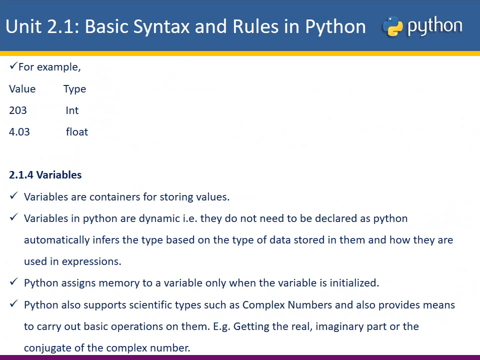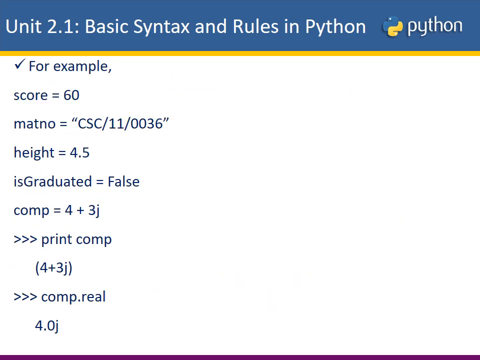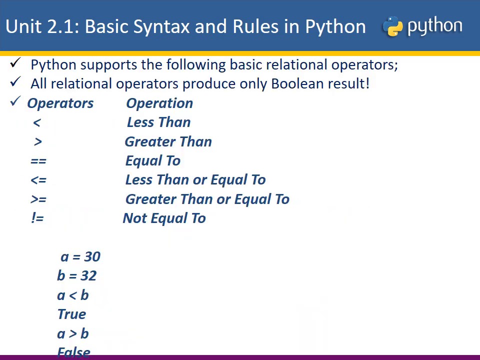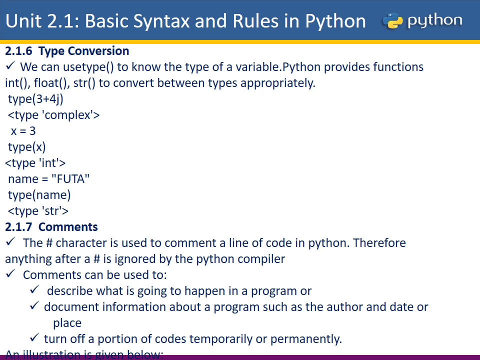Of the complex number, making a complex number, using the real type and the imaginary type, and how they assign a value to a variable and how they initialize a variable. We can see from the example 2.1 underneath: information about a program, such as the author and date or place.